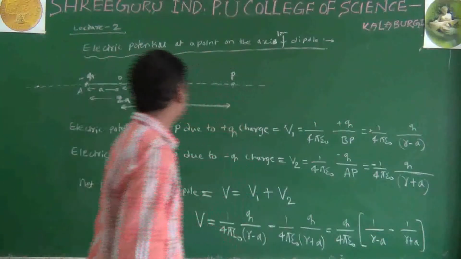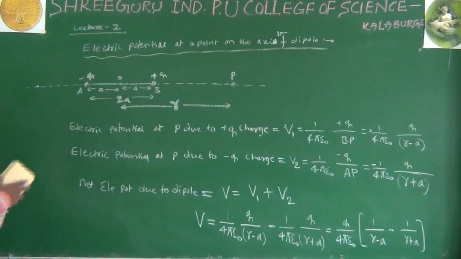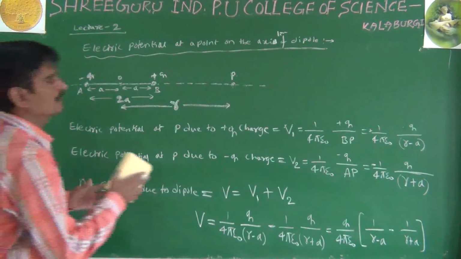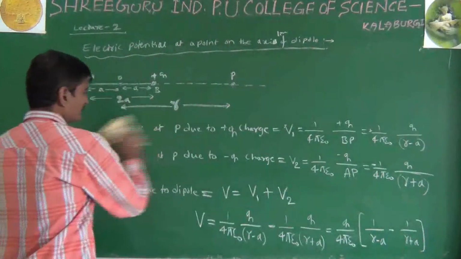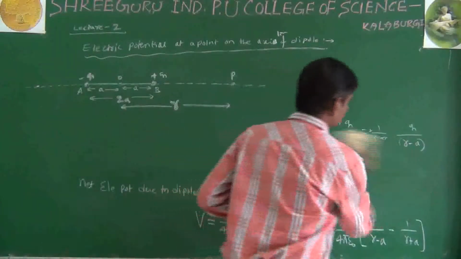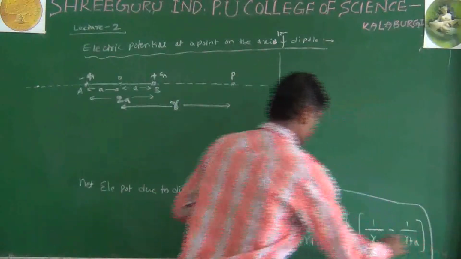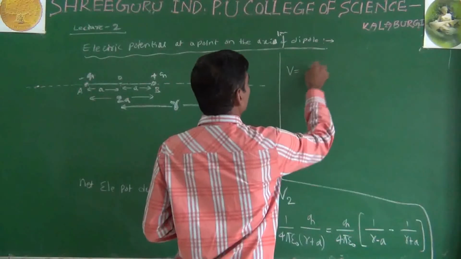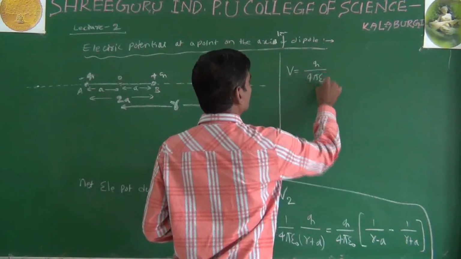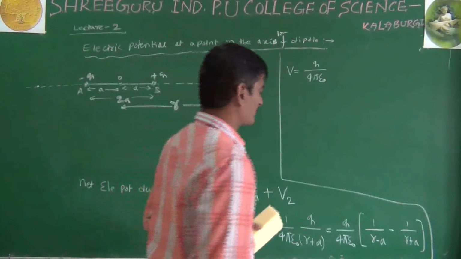Now simplify this one. Okay, understood these things. So V is equal to Q divided by 4 pi epsilon naught. Cross multiply them.